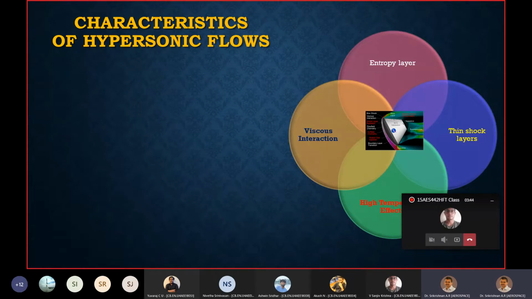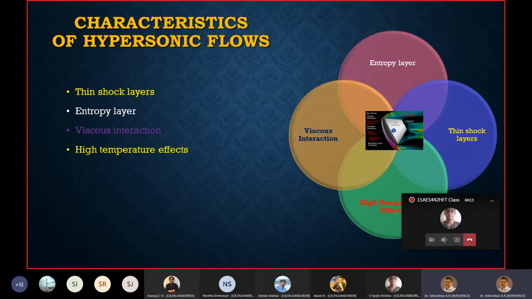Today we will be looking at four important aspects of hypersonic flows. In fact, these are the four physical phenomena that characterize any hypersonic flow application. Anything that is above Mach 5, you are going to have all four that I have listed here, which are the thin shock layers, entropy layer, viscous interaction, and high temperature effects.